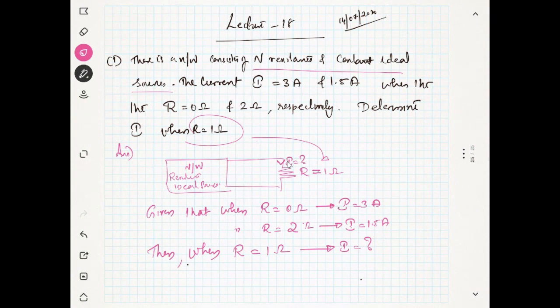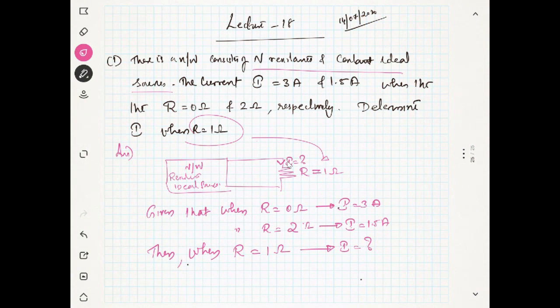So you know, when we are focusing only on a particular element in a network, then we can use the network theorems. And here, one of the suitable candidates for this is not superposition theorem, it is the Thevenin's theorem.